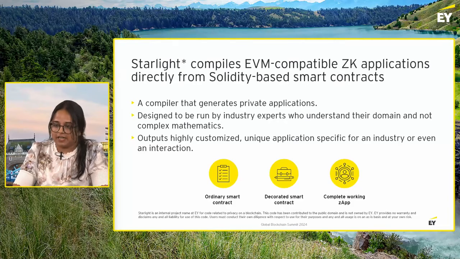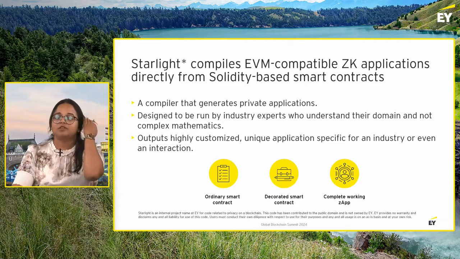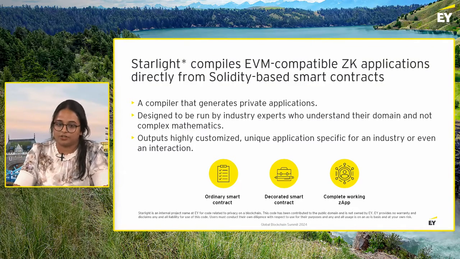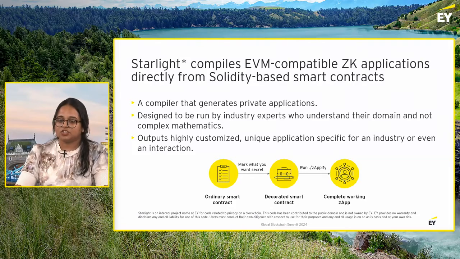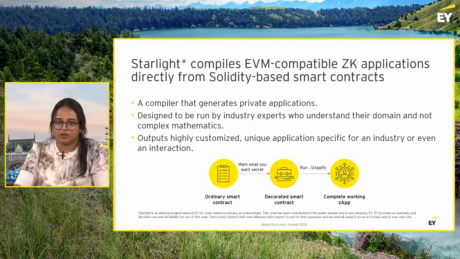As a user of Starlight, one has to start with an ordinary smart contract, which lays the rules of their business logic, and mark the things that you want private as secret, and move on to an intermediary step to a decorated smart contract which Starlight understands, and then just running a simple command, Zapify, you can get an EVM compatible zero knowledge application from Starlight, which our team OCM uses for different use cases to give us a SaaS solution.